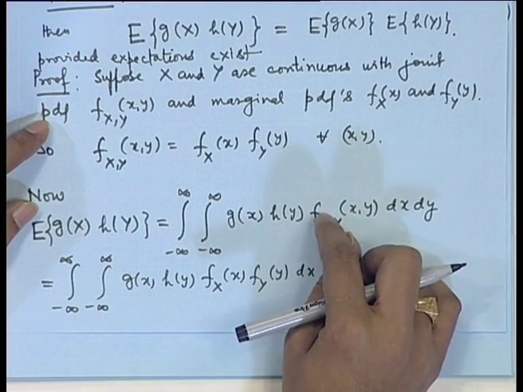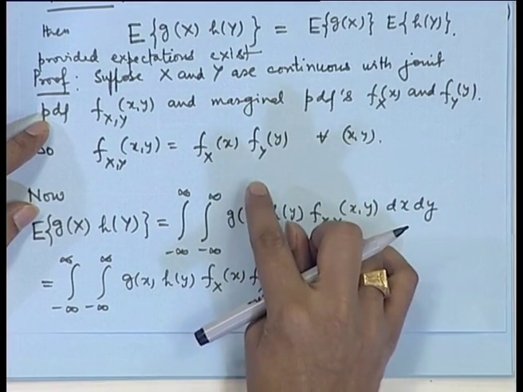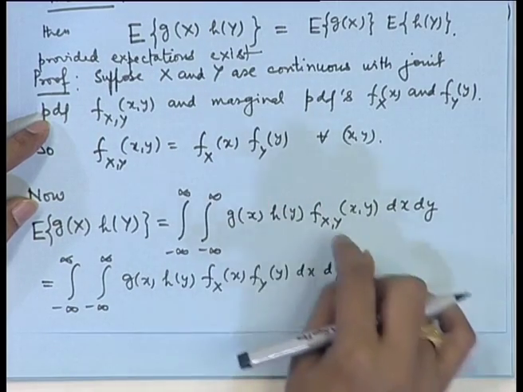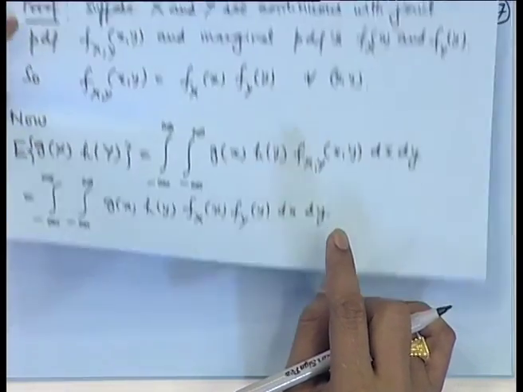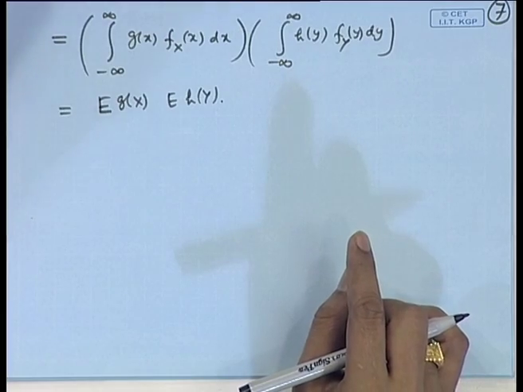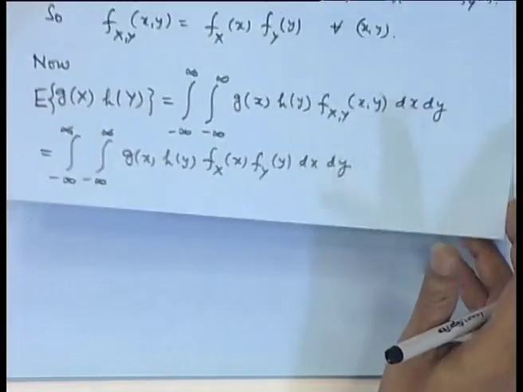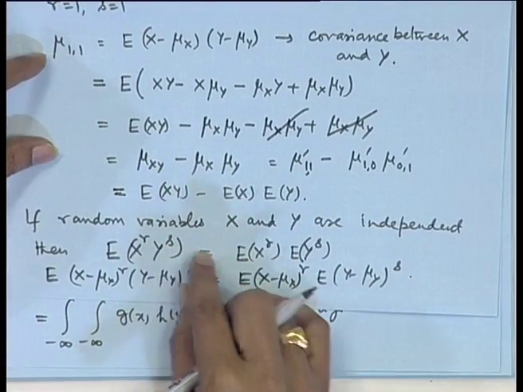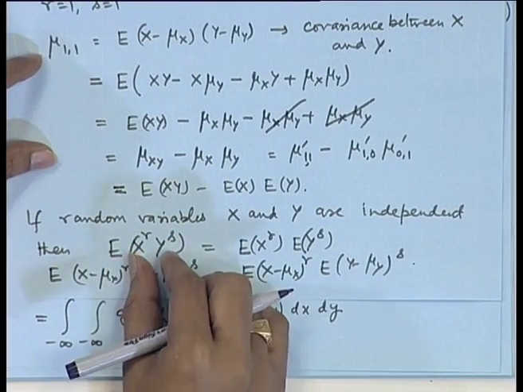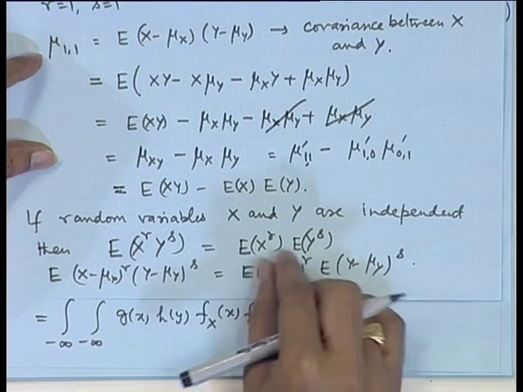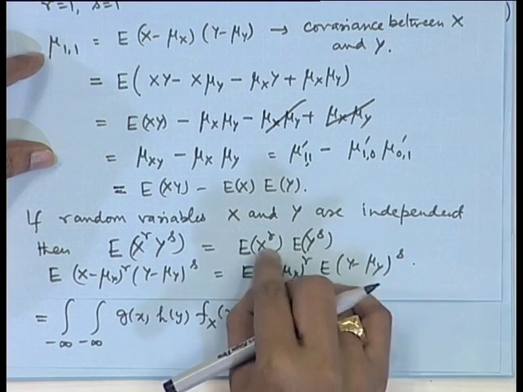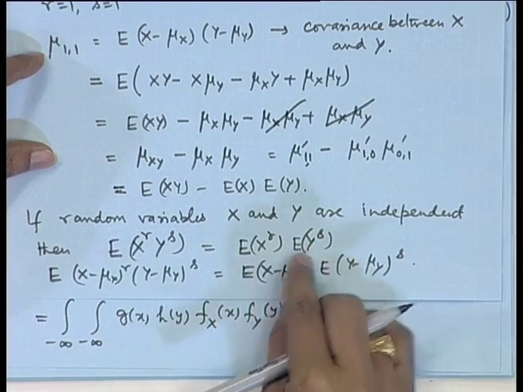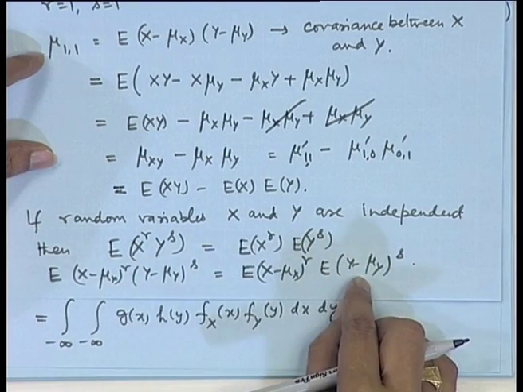The proof is a little bit involved in the case of mixed random variables, when one of them may be discrete and the other continuous, etc. So, in particular, if g x is x to the power r and h y is y to the power s, expectation of a product moment is equal to product of the individual moments, and this statement is valid for non-central as well as central moments.